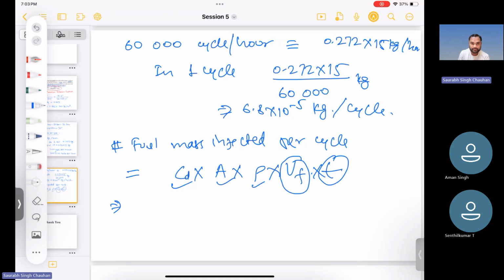So velocity will be coefficient of velocity times the square root of 2 delta P divided by density.